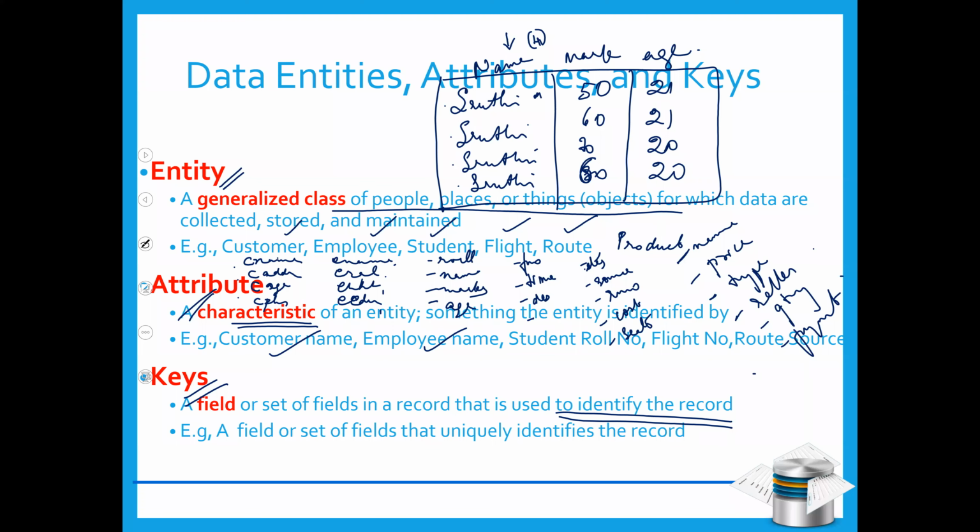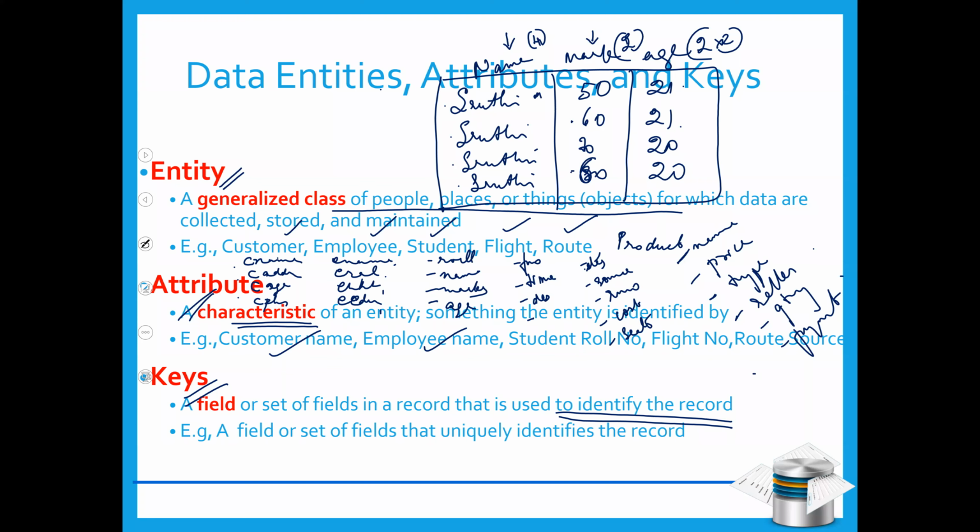You cannot identify with respect to name over here because all the 4 names are Shruti, spelling exactly same. Now imagine you are planning to identify with the help of Mark. Look here, Mark also it cannot happen. You have 2 people with the same mark. You cannot uniquely identify. Let's say you are planning to do it with respect to age. There are again 2 sets of 2 people with the same age. So you cannot say that name is a key or mark is a key or age is a key.